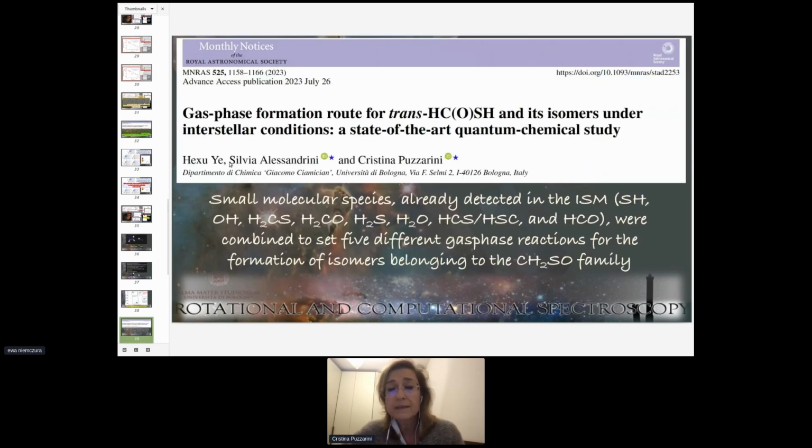And this is a very recent example. We investigated different reactions in order to explain the presence of the trans thioformic acid, the trans HCOSH isomer that has been detected in the interstellar medium.